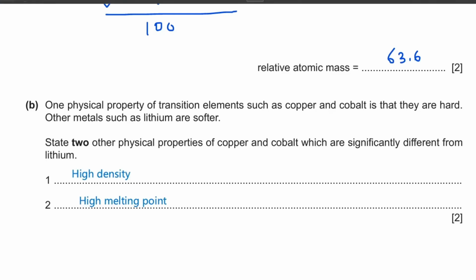So the answer is going to be high density, high melting point. Please take note that we are asked for physical properties. So don't use chemical properties such as acting as a catalyst, variable oxidation state, and so on. So in physical properties, transition metals have higher density than group 1 elements, and also they have high melting and boiling points.